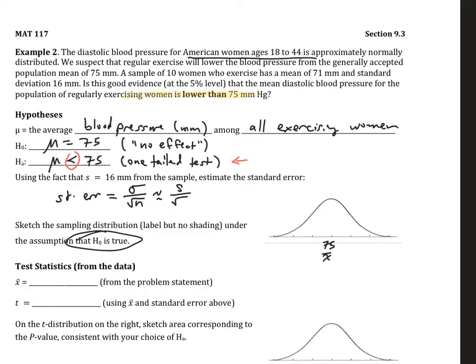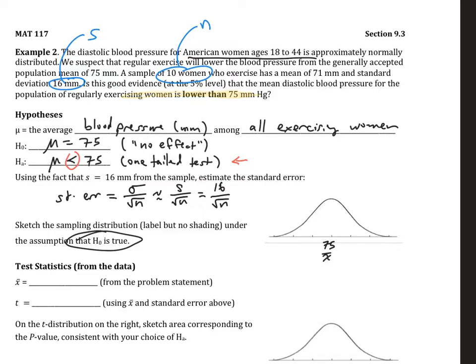So we will approximate by using the sample standard deviation, which in this case is given to be 16. And we're dividing by the square root of the sample size. The sample size is 10. So I'm looking up here and grabbing these things. There's S, there's n, and so that was what goes into that calculation.